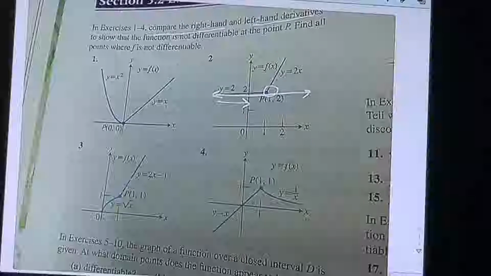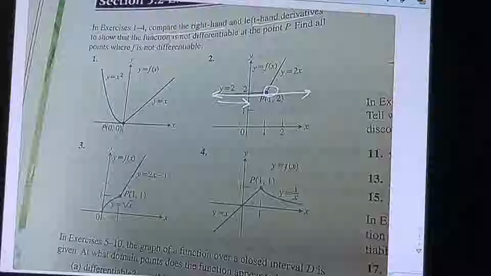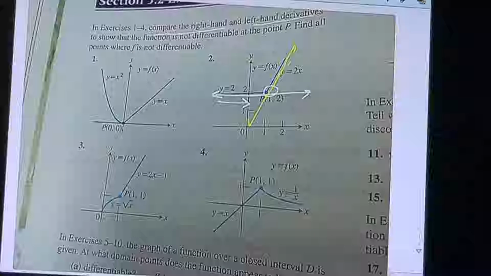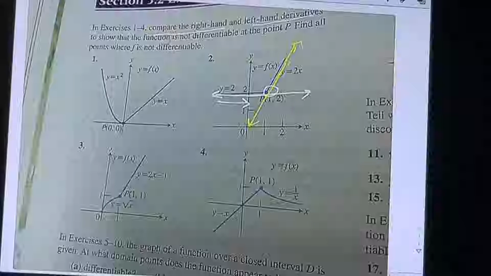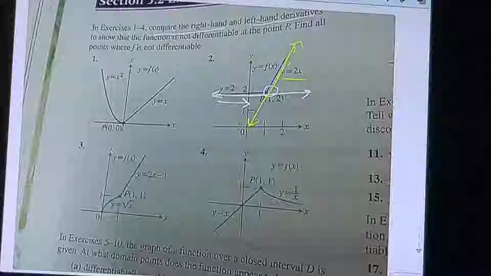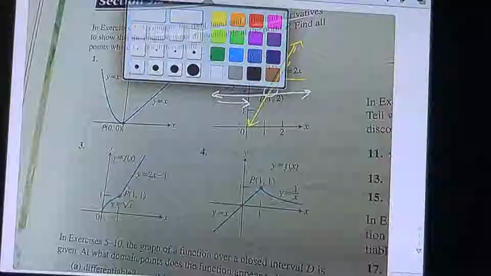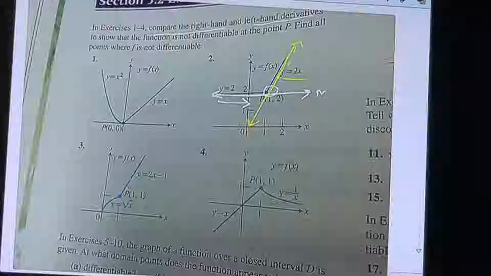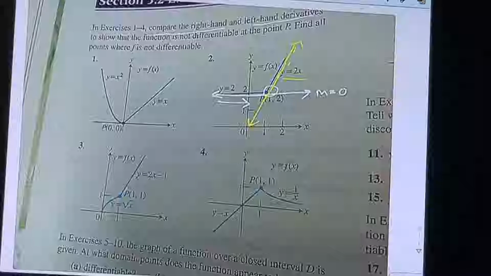Yeah, right. If I'm coming from this side, what's the slope at P? They tell you the equation is y equals 2x there. So what's the slope there? 2. Right. So that one has a slope of 0.